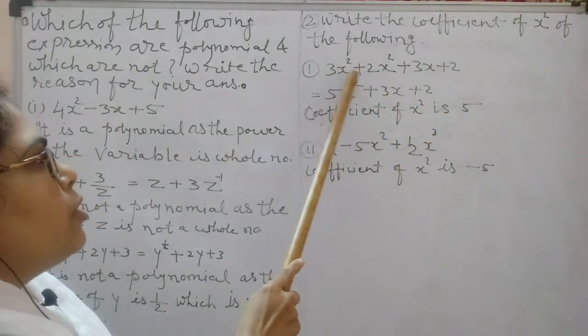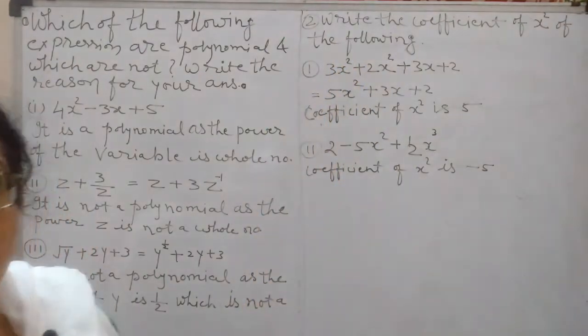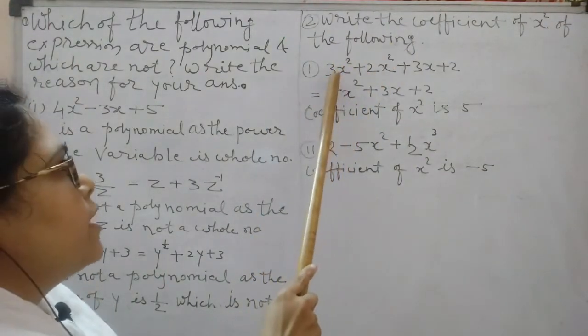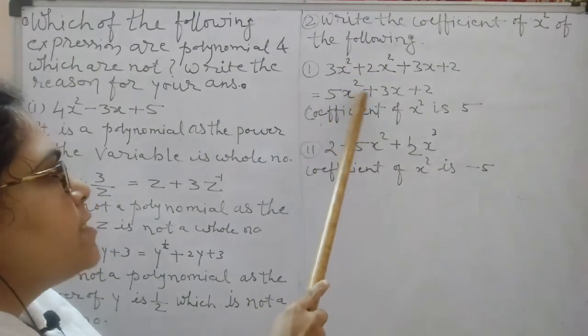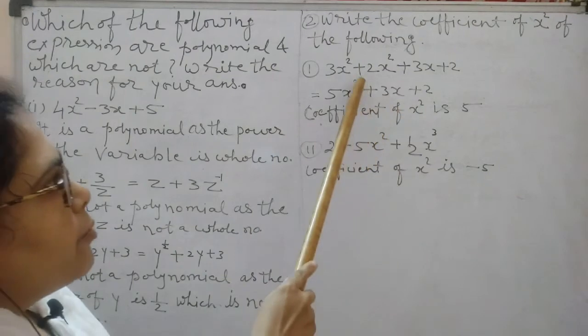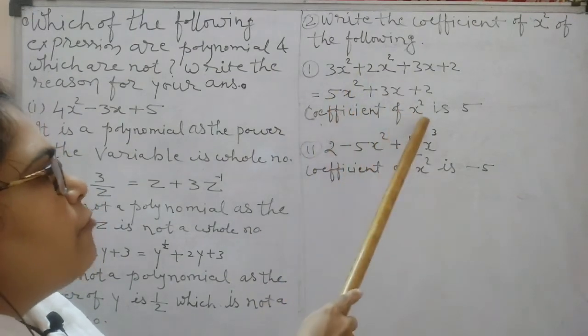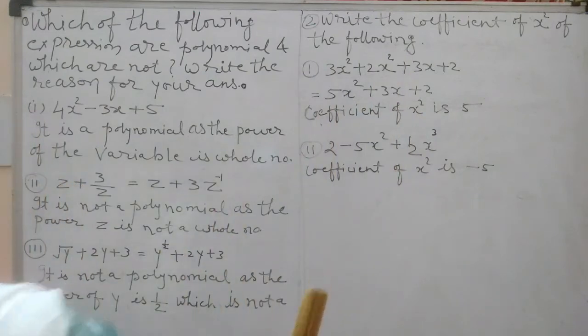Here the power of x is the same in the first and second terms, so it will be 3 plus 2 is 5x square plus 3x plus 2. So the remaining part of x square is 5. It means the coefficient of x square is 5.